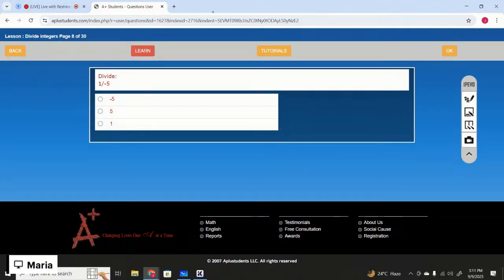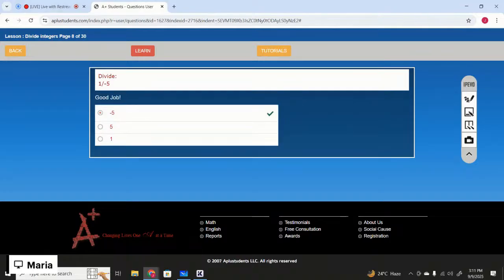Negative 5, 1 divided by negative 5 is negative 5. If either of the number is negative, the answer is negative.